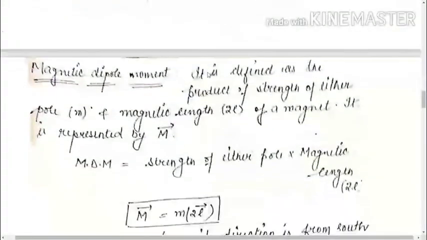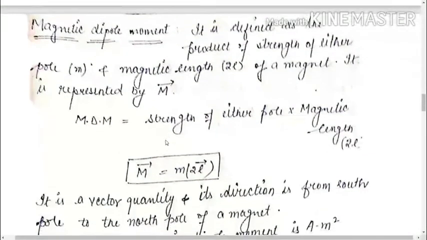Next is magnetic dipole moment. Magnetic dipole moment is defined as the product of the strength of either pole and the magnetic length 2L of a magnet, and it is represented by a capital M. So capital M is the magnetic dipole moment, that is the strength of either pole, small m, into the magnetic length, that is 2L.